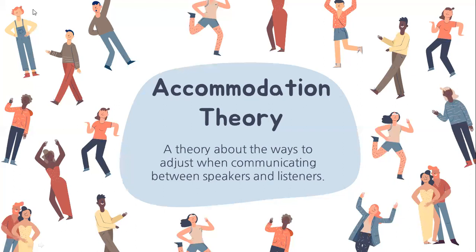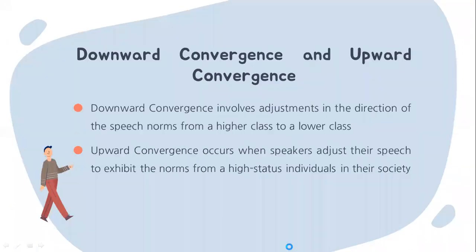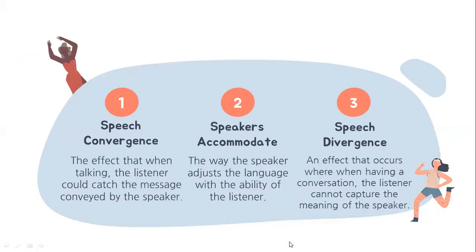So the next is about accommodation theory. Accommodation theory is a theory about the ways to adjust when communicating between speakers and listeners. There are effect, way, and problem in doing communication. First, speech convergence.